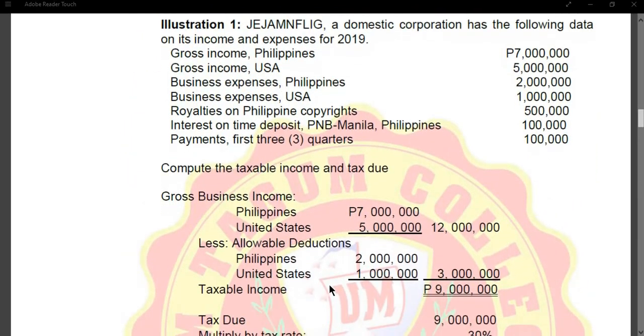Remember that in computing the gross income, you do not add royalties and interest on time deposit because they are passive income subject to final tax.